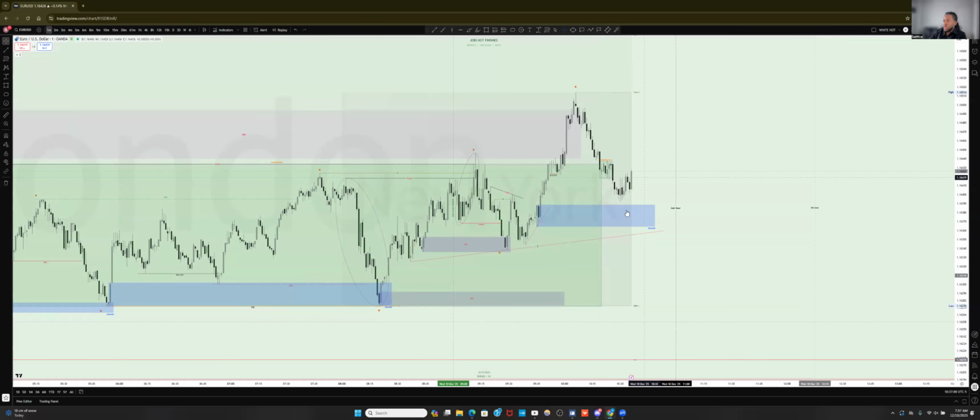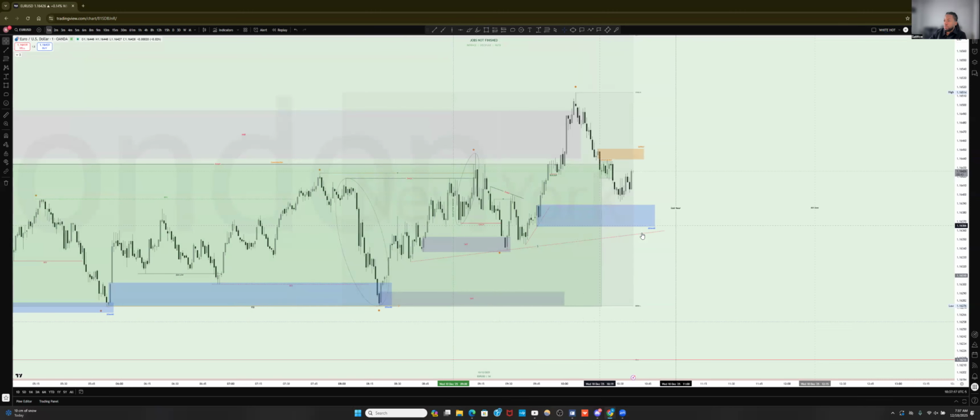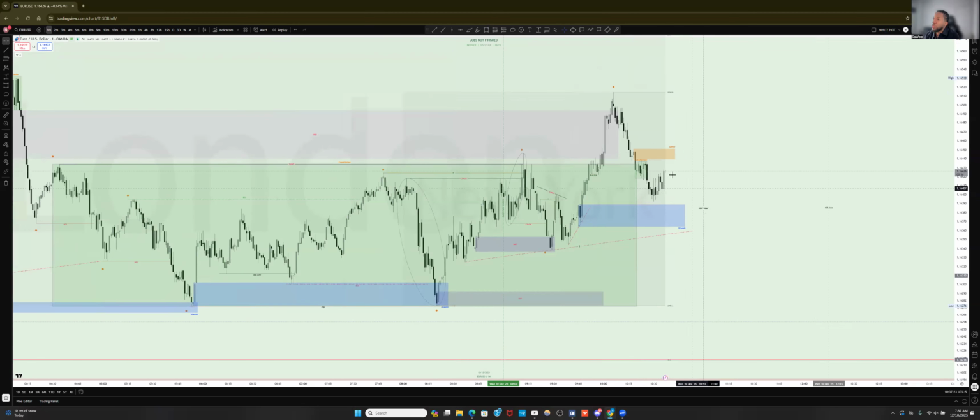Now it doesn't have to be this one push here. It could be after, or price could easily pop up here, mitigate this supply, internal supply, and push right down through this zone because there is a trend line underneath it. That could easily be the move. So let's not jump the gun and assume.